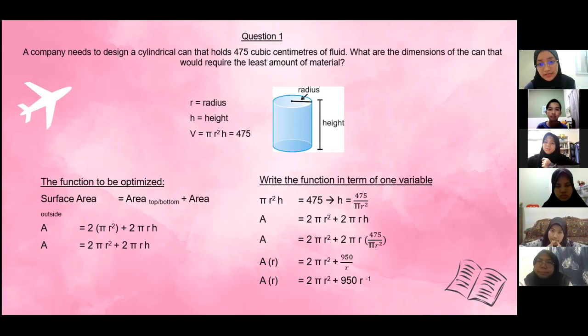Then we substitute the h value in the formula A equals 2 pi r squared plus 2 pi r h, and we will get A in terms of r, which is A equals 2 pi r squared plus 950 r to the power of -1.